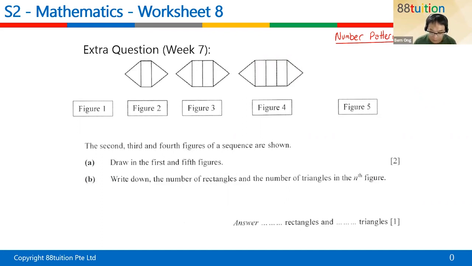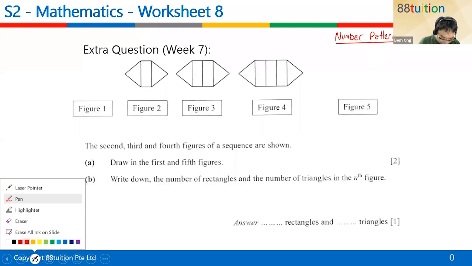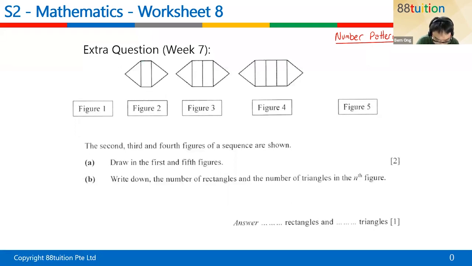Okay, come. So this number pattern is a Sec 1 topic. So let's take a look at what's the pattern. There are two shapes actually. So figure 2 got 1 rectangle. Can you see that? Figure 3 got 2 rectangles. Figure 4 got 3 rectangles.